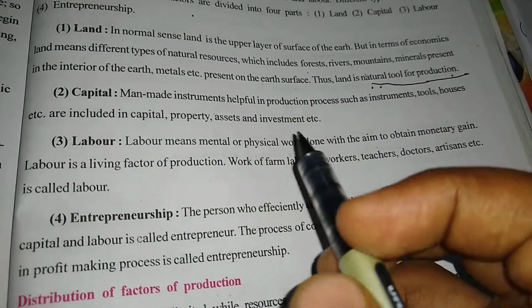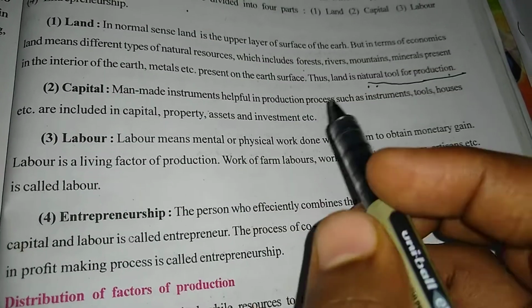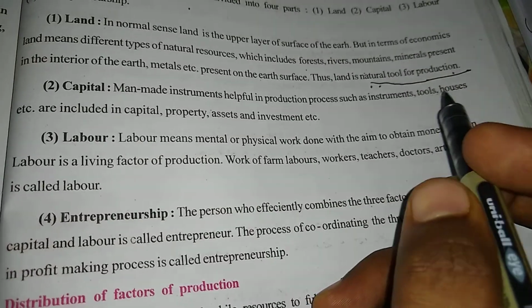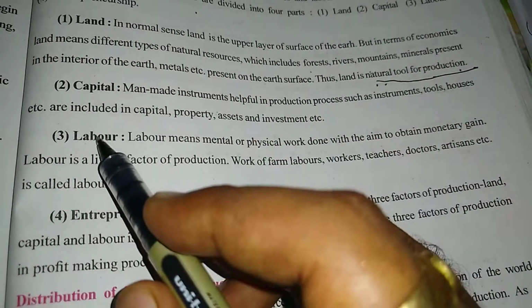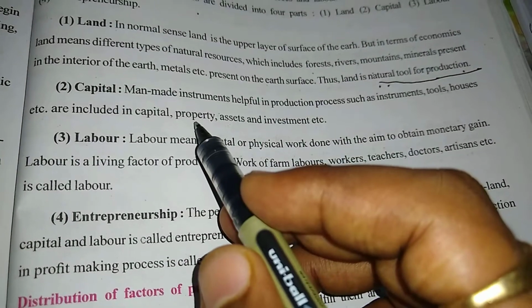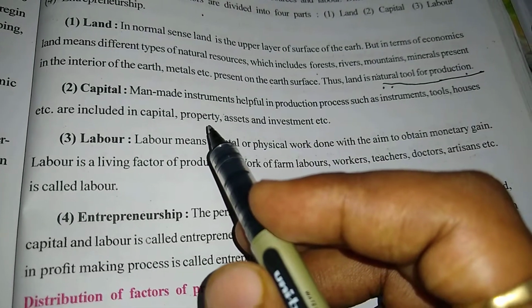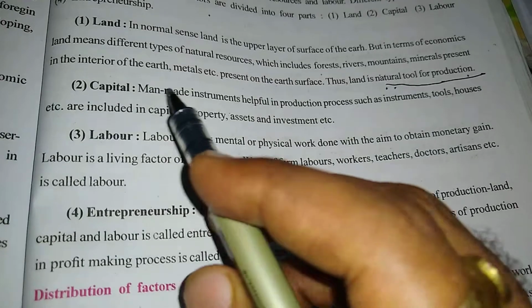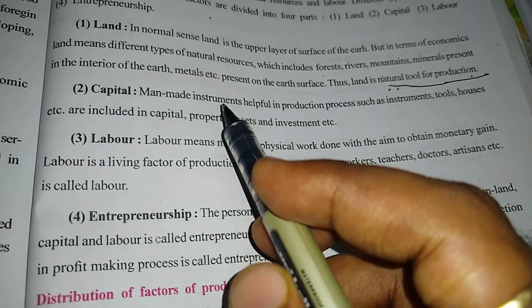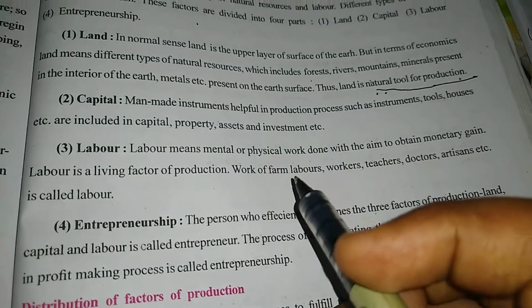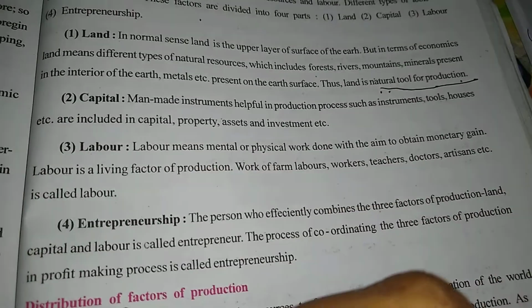Production becomes fast and accurate, so the plant is capital. Instruments, tools, houses are included in capital. Property, assets, investment, they are all capital. Two conditions: number 1, it must be a man-made instrument; number 2, it must be helpful in the production process. Then it is called capital.